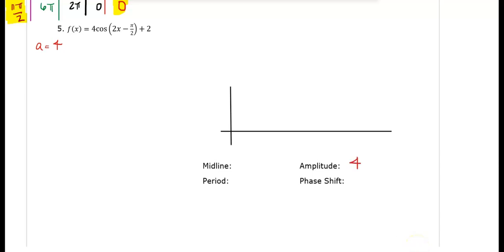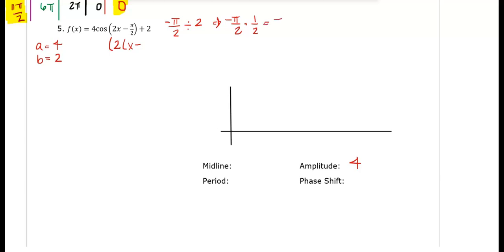I can figure out that my B is going to be 2 because it's what I'm going to factor out, and I'm going to go ahead and do that now. So I'm going to rewrite this. So it'd be 2x minus, well, what is pi/2? Negative pi/2, really, divided by 2. So keep, change, flip. So that would be negative pi/2 times 1/2.